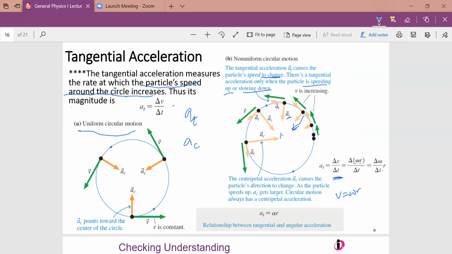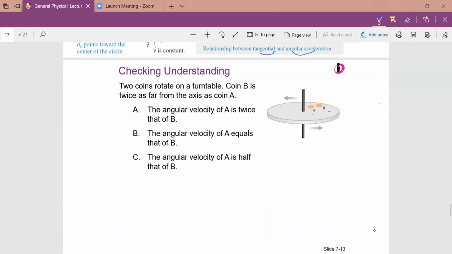And then we know that change in ω over change in t is equal to angular acceleration. We can actually bring out angular acceleration, which is alpha, from this expression to give us the relationship between tangential and angular acceleration.